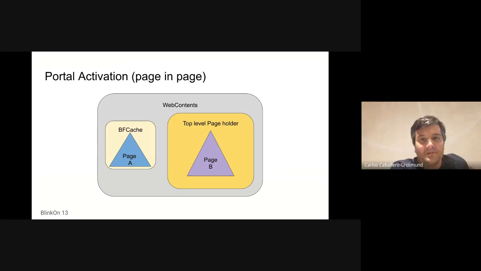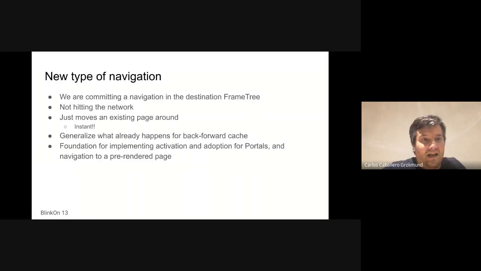Navigating back is a little bit more complicated in this case, because when we navigate back, we have to take page A out of the bfcache and put page B back inside where it used to be. But that's something that's being handled by the portal. So we said we have multiple pages, but we also have this new type of navigation, which basically moves things around, right?